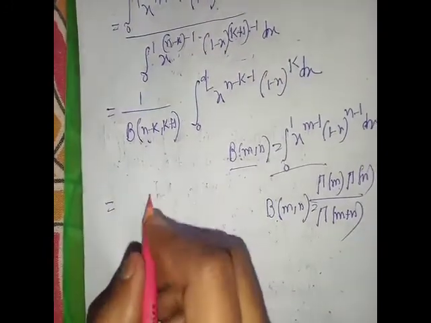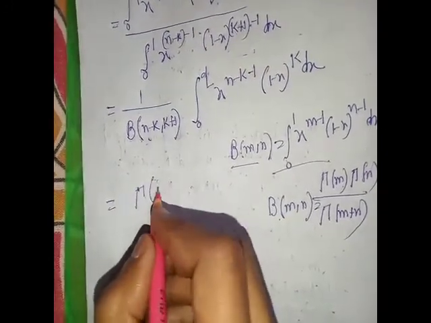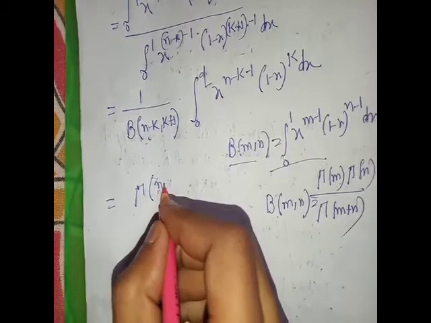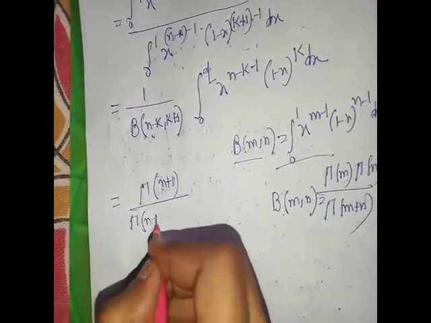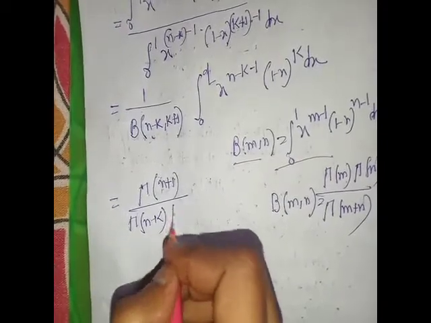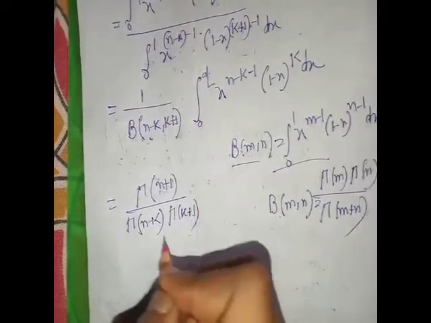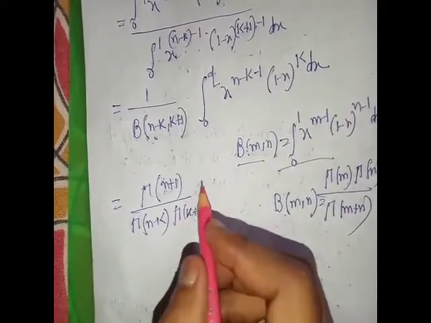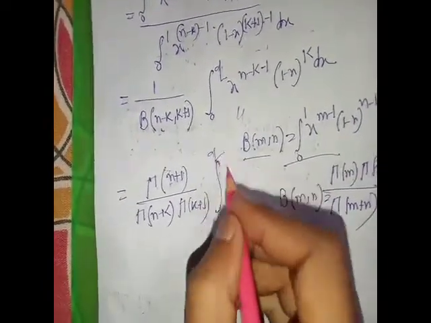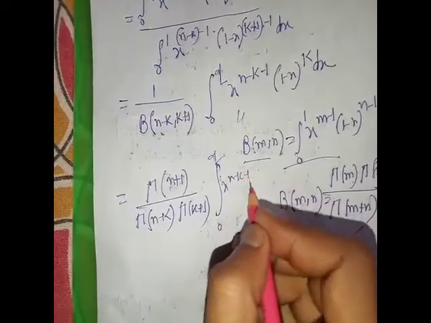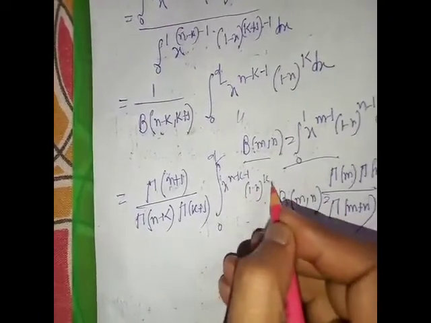So this is gamma of n plus 1 divided by gamma of n minus k times gamma of k plus 1, multiplied by the integral from 0 to q of x to the power n minus k minus 1 times (1 minus x) to the power k dx.